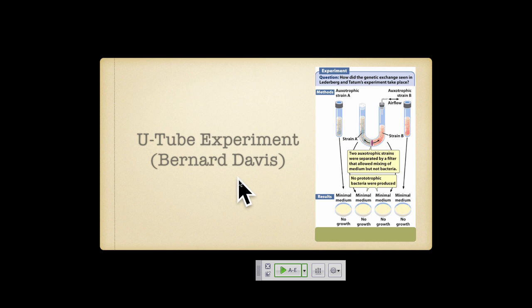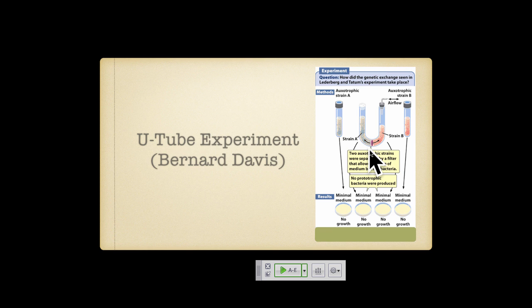So Bernard Davis extended this observation a little bit. They didn't know what it was. Could be a virus, who knows, it could be some factor the cells secreted. So he did the same experiment, but he used this U-shaped tube and had a little filter right in the middle of the tube down here, which was porous, so that soluble materials could move back and forth.